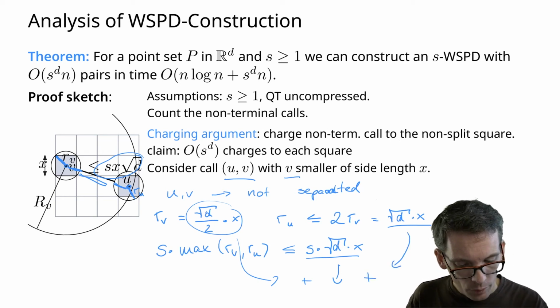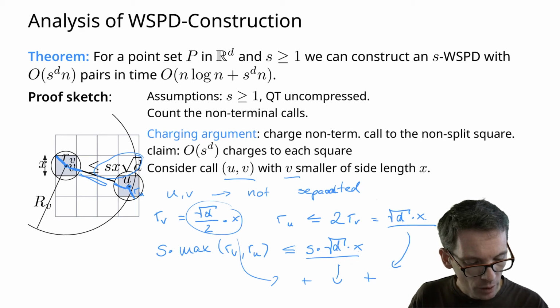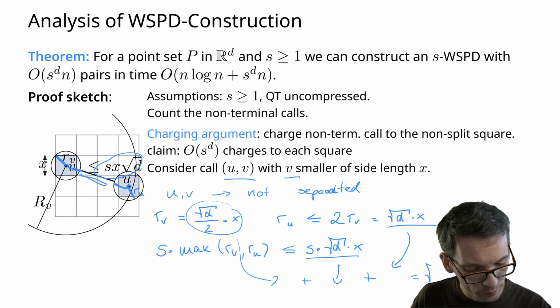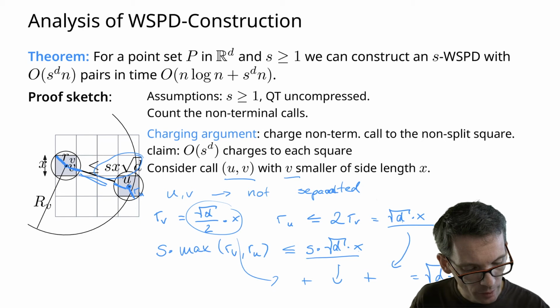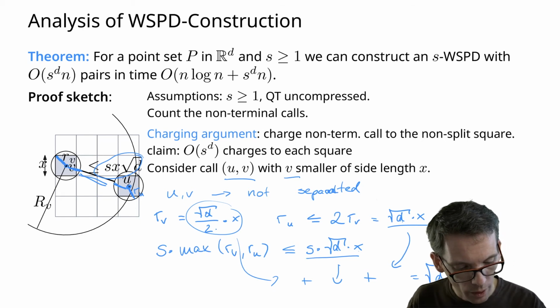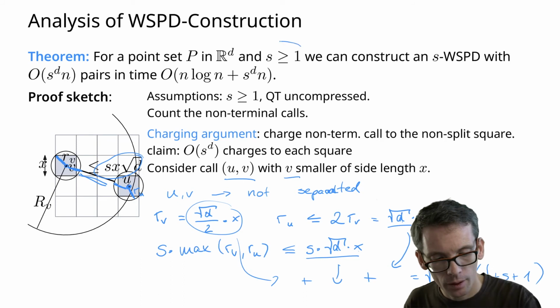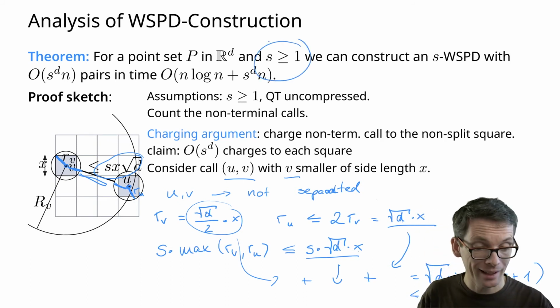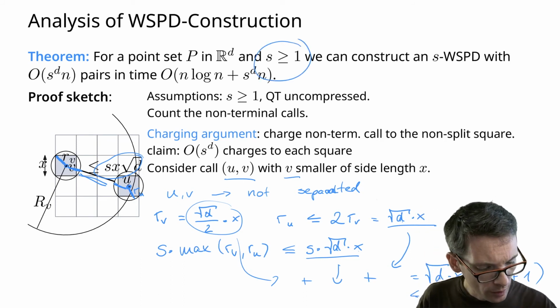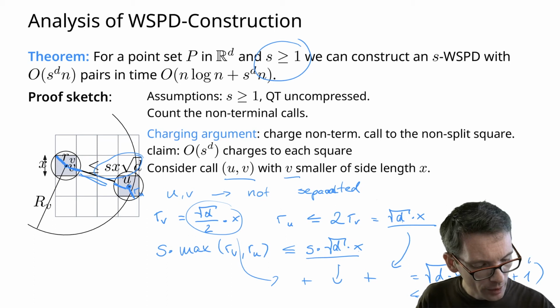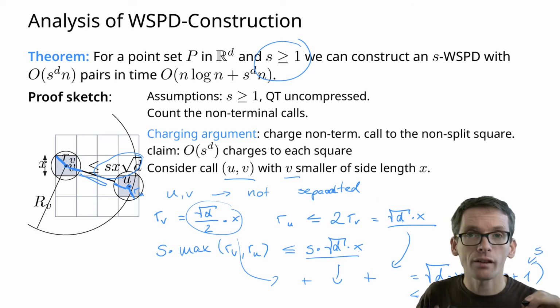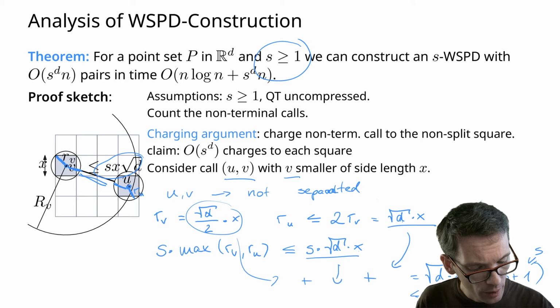So all of these have square root of D times X, so I have square root of D times X times 1/2, S, and 1. Here we are assuming that S is at least 1. So this is smaller equal S, this is smaller equal S. So a very rough bound here is 3 times square root of D times X.